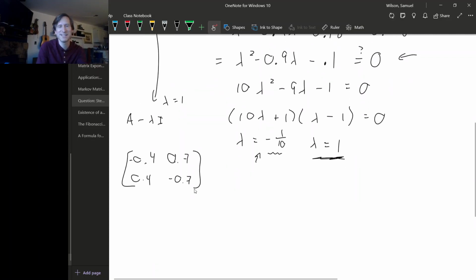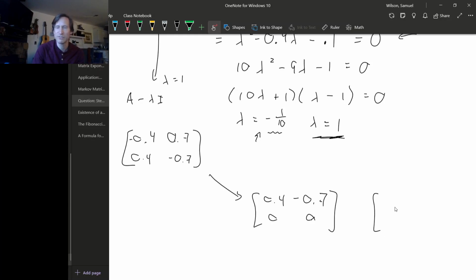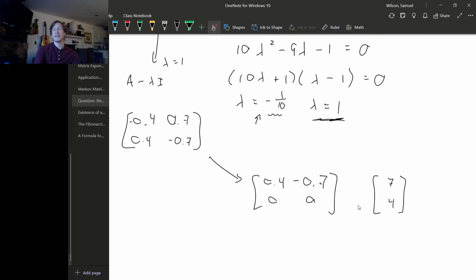You can see immediately that these rows are multiples of each other. So this is 0.4, negative 0.7, 0, 0 when we row reduce. And so we're looking for a vector in the null space of this matrix, which is 7, 4. Right? Yes. Okay. So we found a steady state.